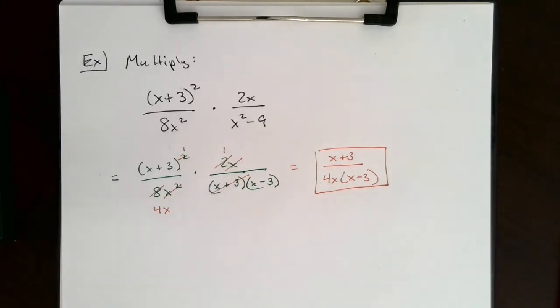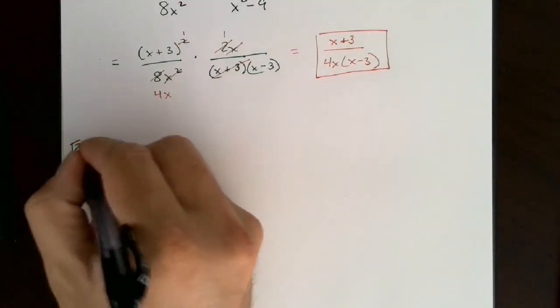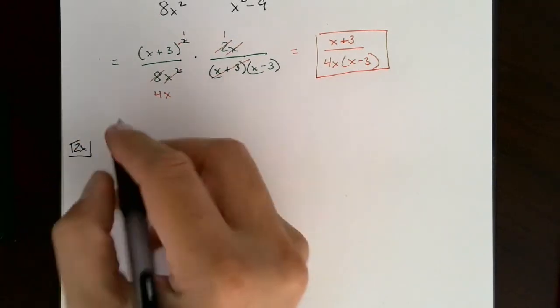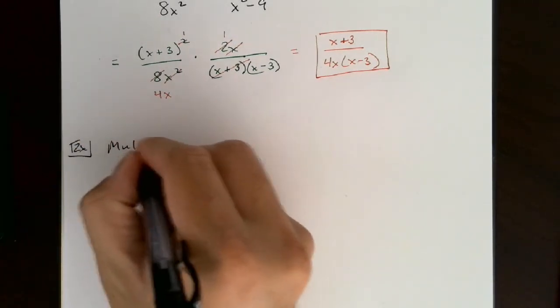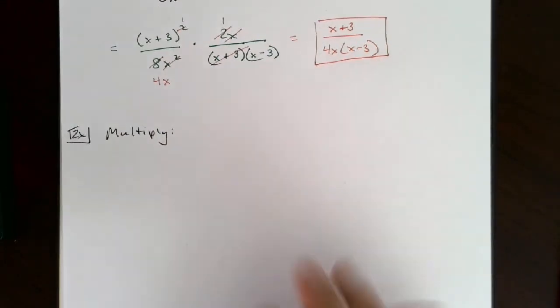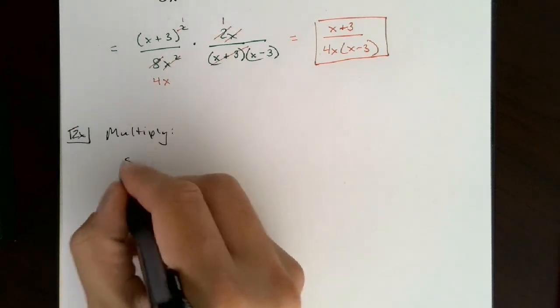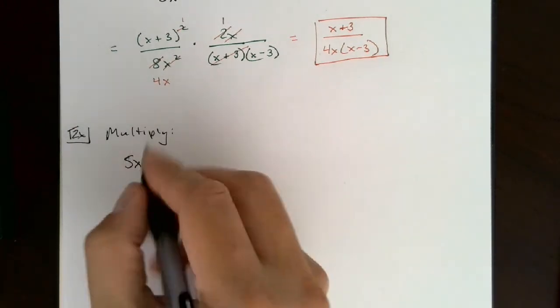Let's take a look at another one. If I was to say, let's multiply these two. Again, I'm writing multiply here in the directions, but you could have used perform the indicated operation as a direction, so make sure you know what the operation is.